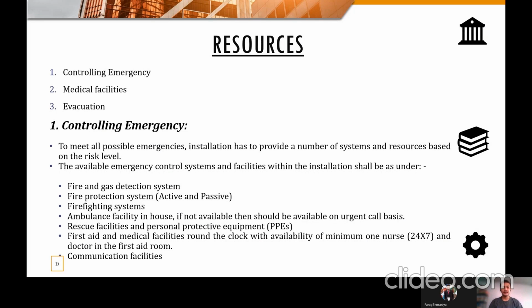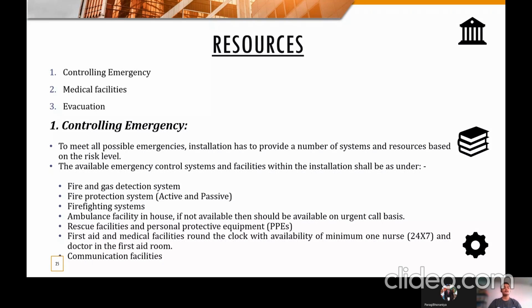Nowadays each and every installation has first aid systems and primary escape and evacuation systems also, and communication facilities which can be via radio signals or via the telephonic medium, and rescue facilities and personal protective equipment also.